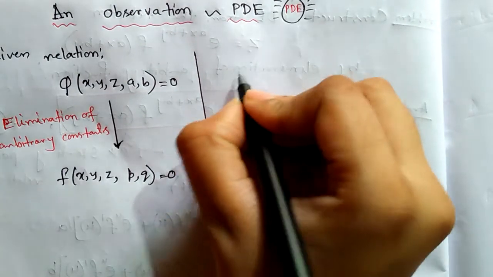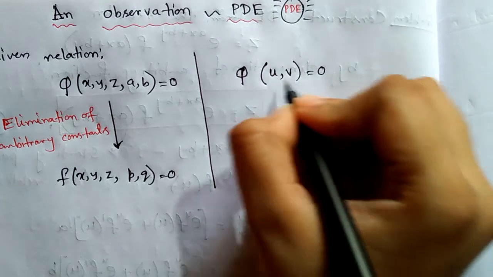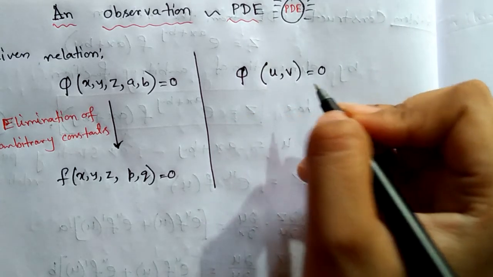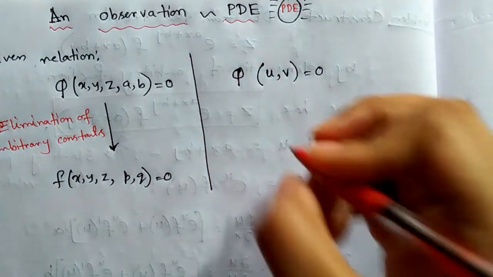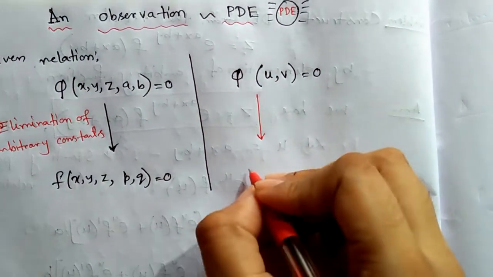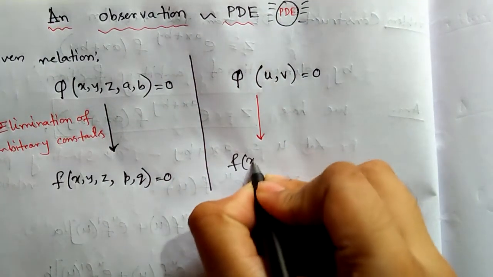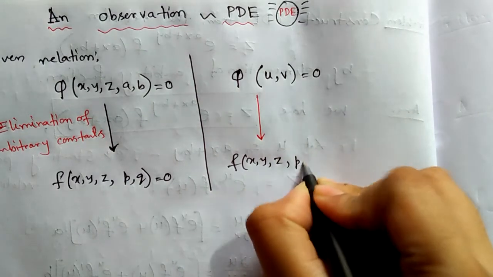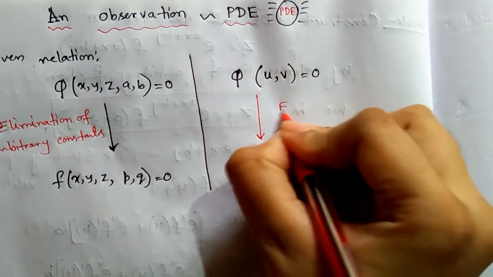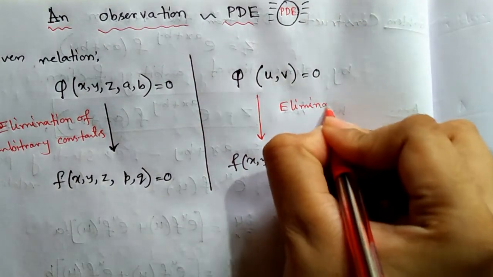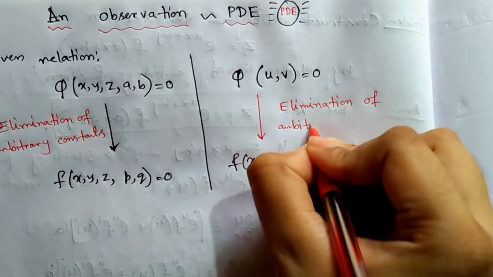And on the other hand, if the given relation is like this, phi of u, v equal to 0, where u, v are independent functions and phi is an arbitrary function, then in this case we construct this PDE by elimination of the arbitrary function.